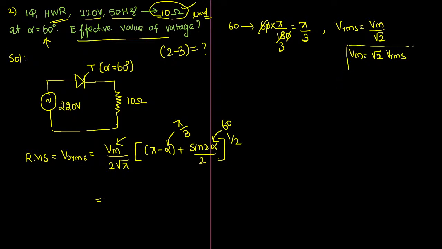This is maximum voltage. Now we can substitute that maximum voltage here. Root 2 into 220 volt divided by 2 into root pi. Pi minus pi by 3, sine of 120 by 2, whole power 1 by 2. Just reduce this, you will get the answer. Use the calculator, sometimes it is required. I hope you all got it.